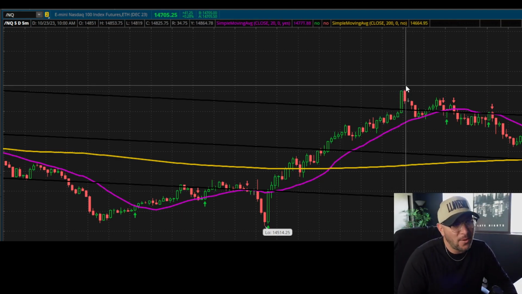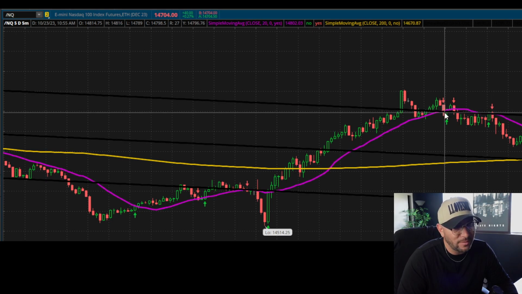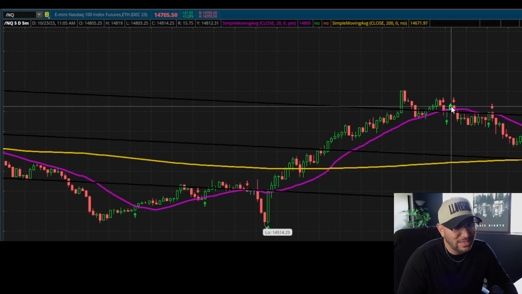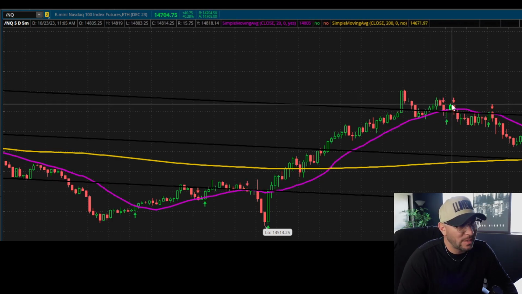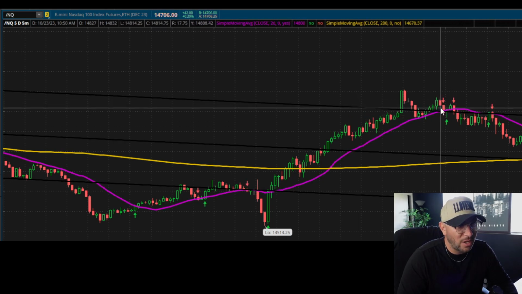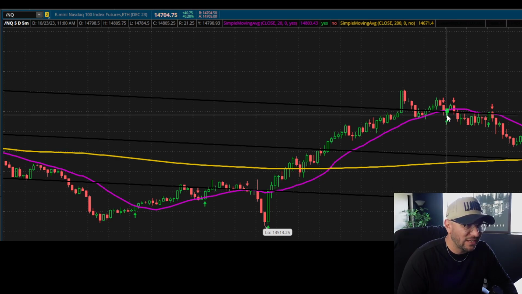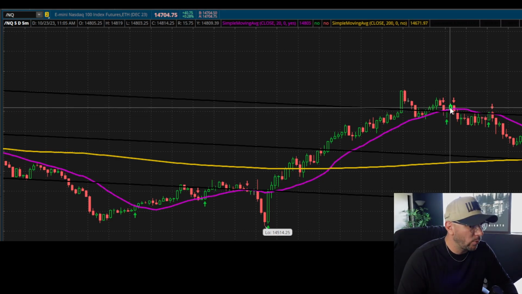Now let's look at our first pullback here, our first close below the 20 SMA. We put in a new low below the 20 SMA and it immediately spikes back up. This is a lot of times, and I'm going to make some training videos right now in a minute, why traders start to get chopped up, because they take this short position, it goes in their favor for a brief second, and immediately starts to pull back. They were way oversized, meaning they were trading way too many contracts.